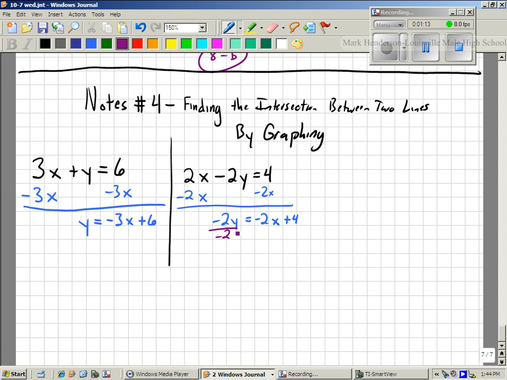After that, I'm going to divide by negative 2 everywhere. We have y equals, these actually get rid of each other, we have x. Then we have 4 divided by negative 2, which gives me back negative 2.